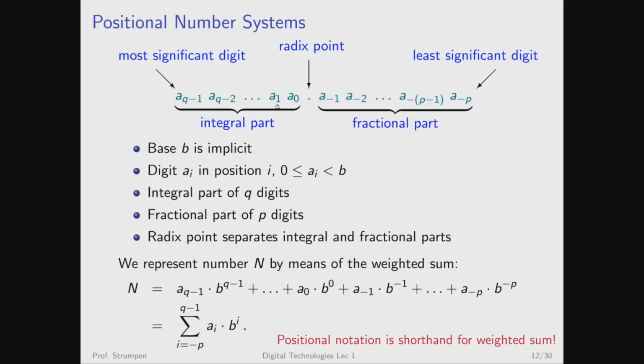We distinguish between integral numbers, integers, and fractional numbers. We separate those in our notation typically by a radix point, in Germany by a comma. In the English-speaking part of the world, we use a dot, the radix point, to separate them. The most significant digit is on the left end, the least significant digit is on the right end, right?